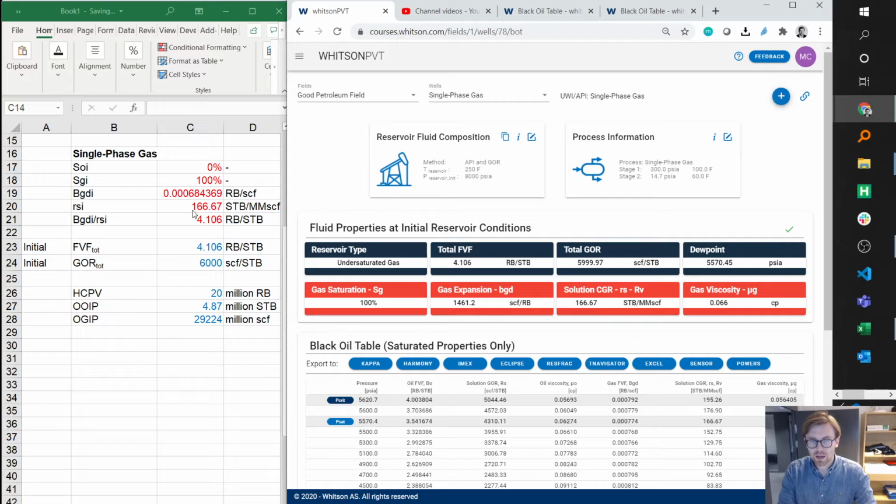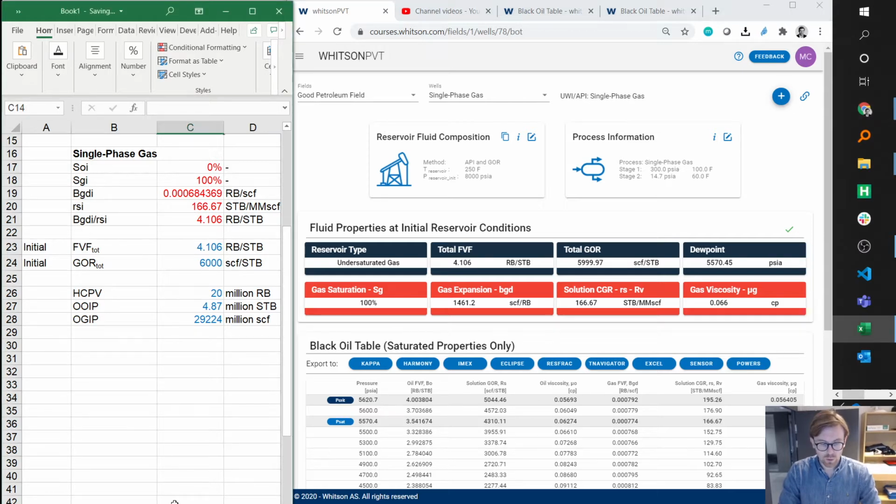Okay, and what we know when it's a single-phase gas case is that the saturation of gas is 100%, and from this we can then use the properties that are already provided in the overview right here of expansion factor and solution CGR. So the BGDI is just the inverse of expansion factor.